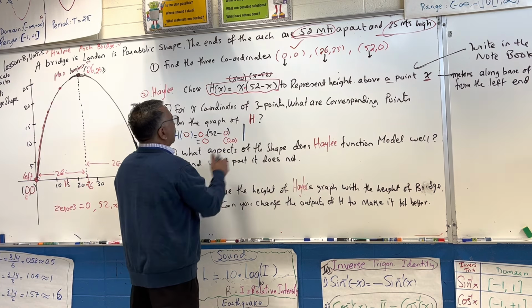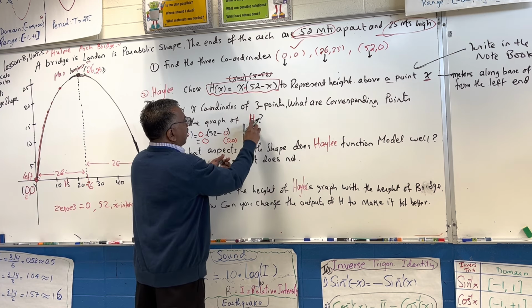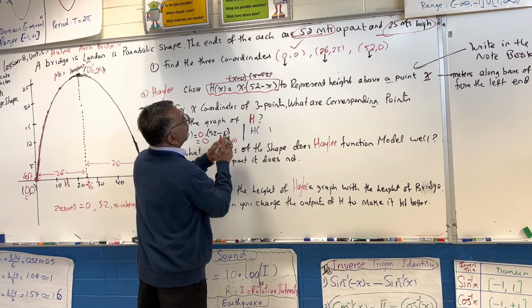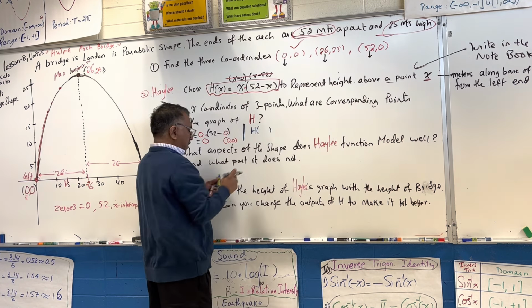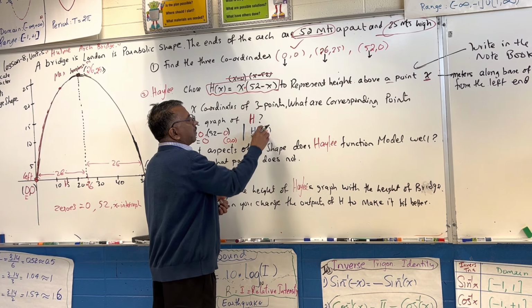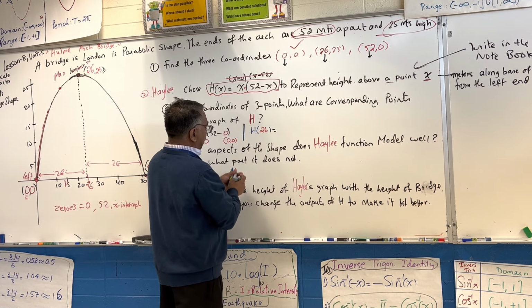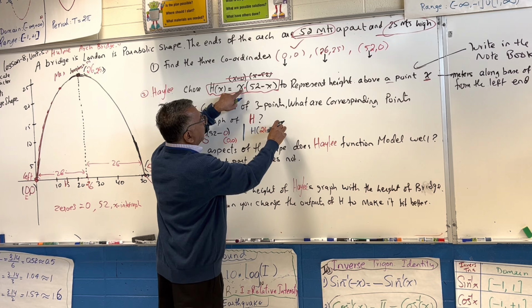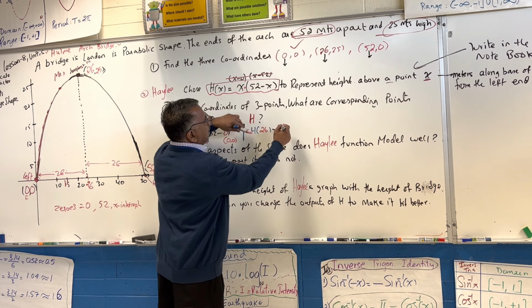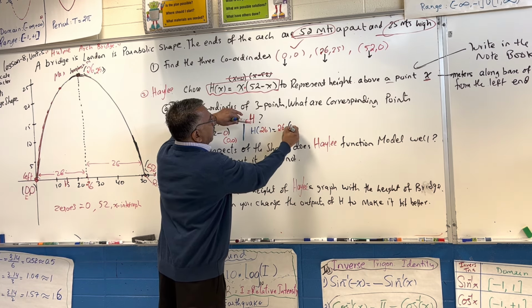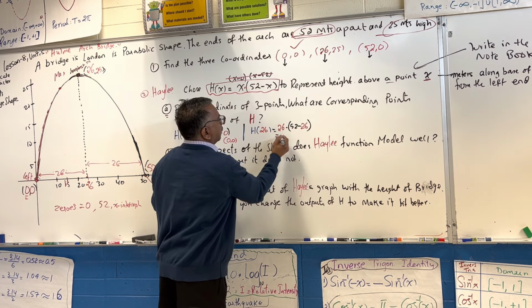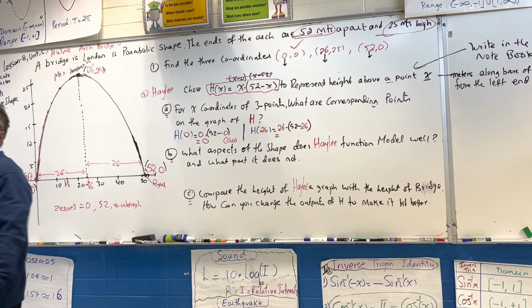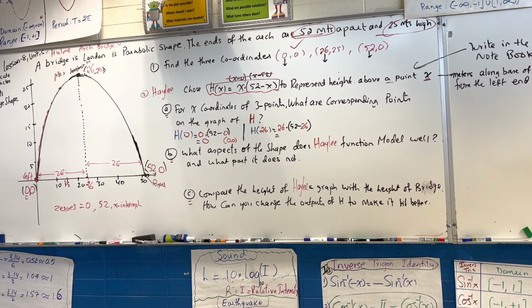Second, you plug in h. So I'm going to use h of, this time, I want to plug in 26. So let's put 26 right here and see what's going on: h of 26 equals 26 times 52 minus again 26.